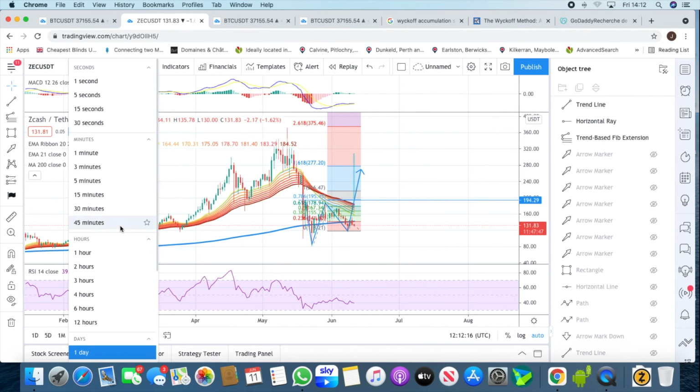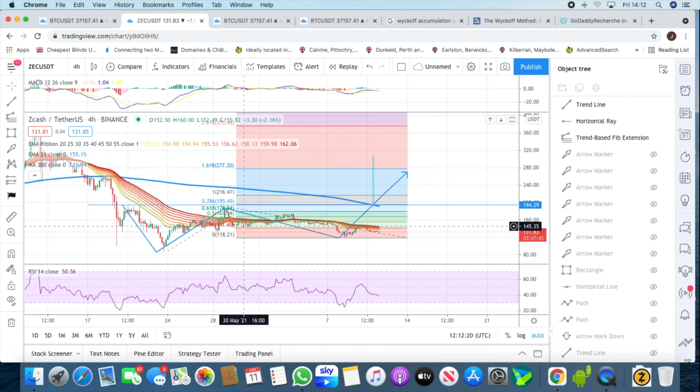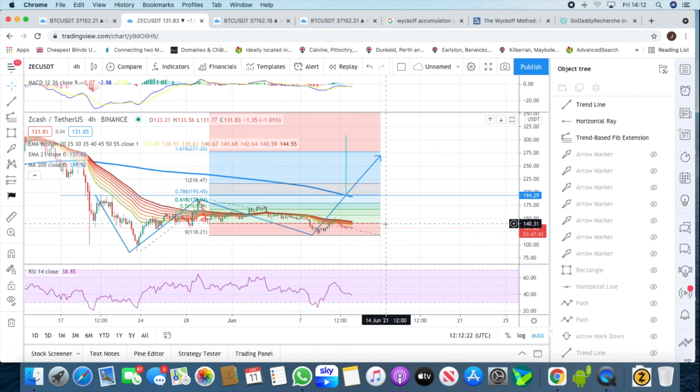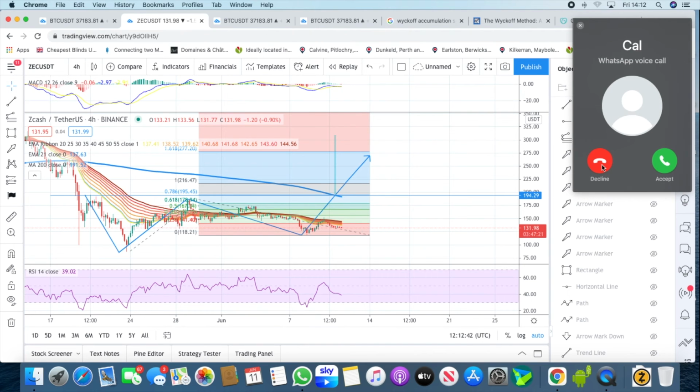If we go to the 4 hour, so on the 4 hour, we could see that we've just been in this downtrend here, and we seem to be coming up. So now if we were to do, say, this is coming towards the bottom, 129 is where I think the bottom is.